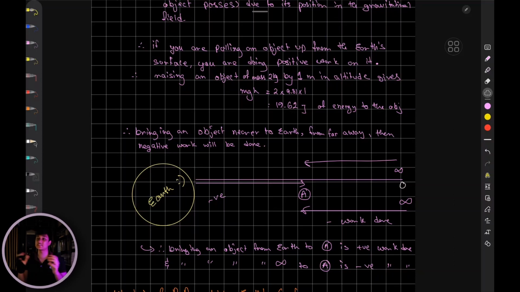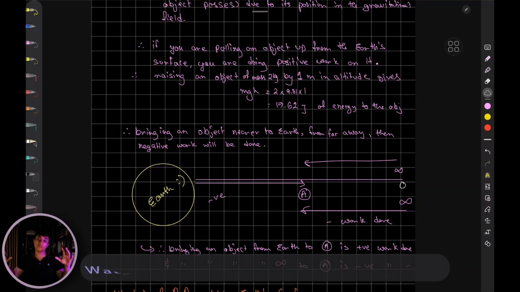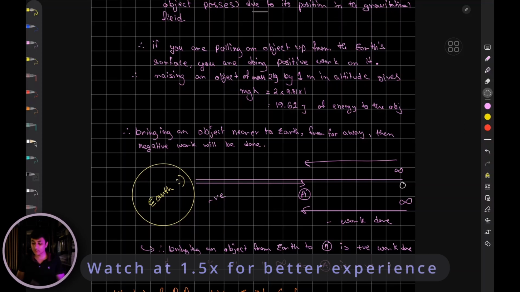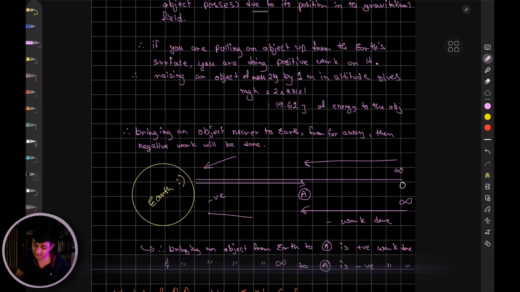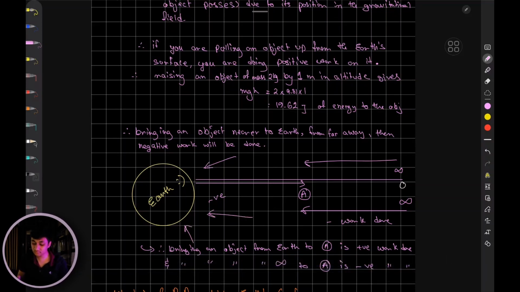And since it is an attractive force, in case of attractive forces, the gravitational potential energy is always going to be negative. Because bringing an object from infinity to a point near the surface, you don't need to do any work. The work is done by gravitational force, since it is an attractive force. So you don't need to work against the force to bring it closer to the surface.